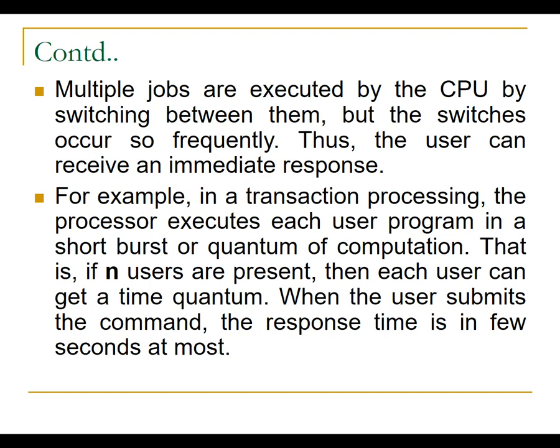It is possible that the time interval gets reduced in case number 2 in comparison with case number 1, and multiple jobs can be executed parallelly. So this is the benefit of using a time sharing operating system.